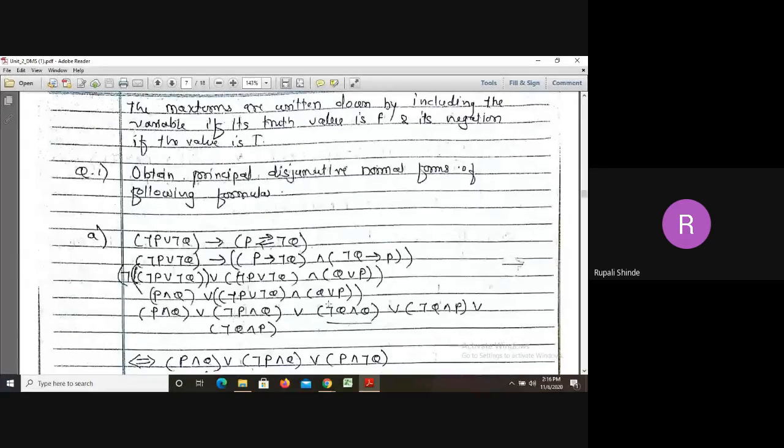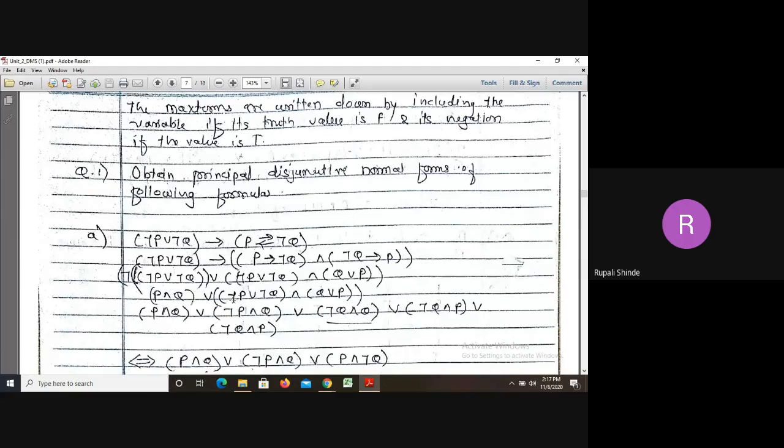Or now here we have to apply the distributive law, because between these two terms AND is there, but according to PDNF OR should be there. That's why we have to apply the distributive law here: negation P and Q, this is one bracket, or negation Q and Q, this is the second bracket.